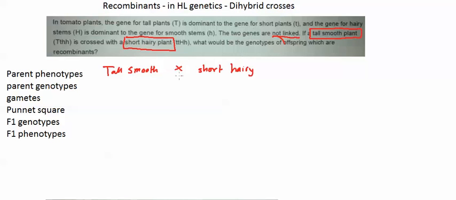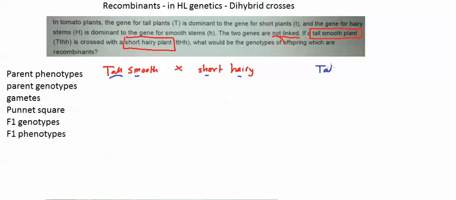And just before we go any further, if you want to identify the recombinants from this, it's really easy. A recombinant will be an offspring which is not tall and smooth and not short and hairy, but is a recombination of those things.